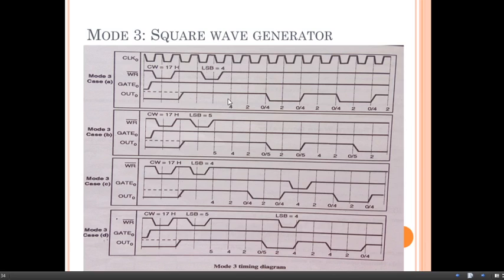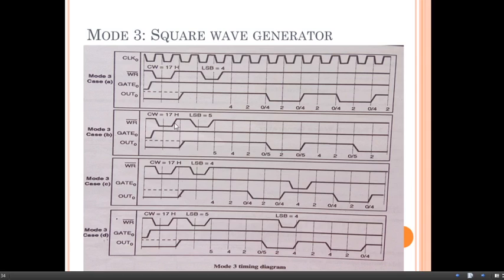Mode 3 is a square wave generator, that's why for half the value of this 4, the counter output will remain high, and for half the value the output will remain low. So for 4, 2, 0 the output is high, and again for 4, 2, 0 the output is low, and so on. This way we get the square wave generated. So this is the simple case of mode 3.